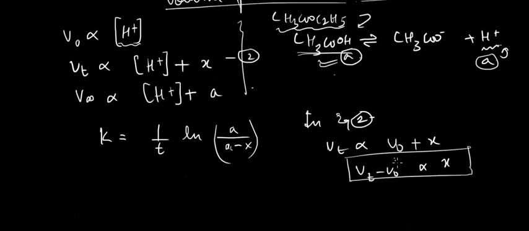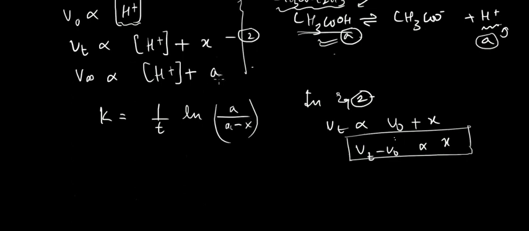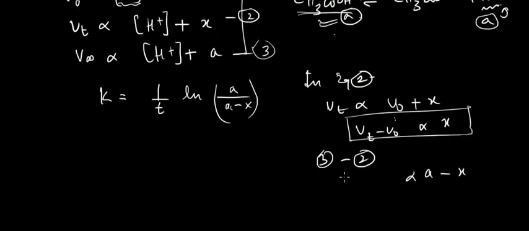Similarly, for A, we can write that for the denominator we want A minus x, so 3 minus 2 would give us A minus x on the right hand side, and this would give us V infinity minus Vt on the left hand side.